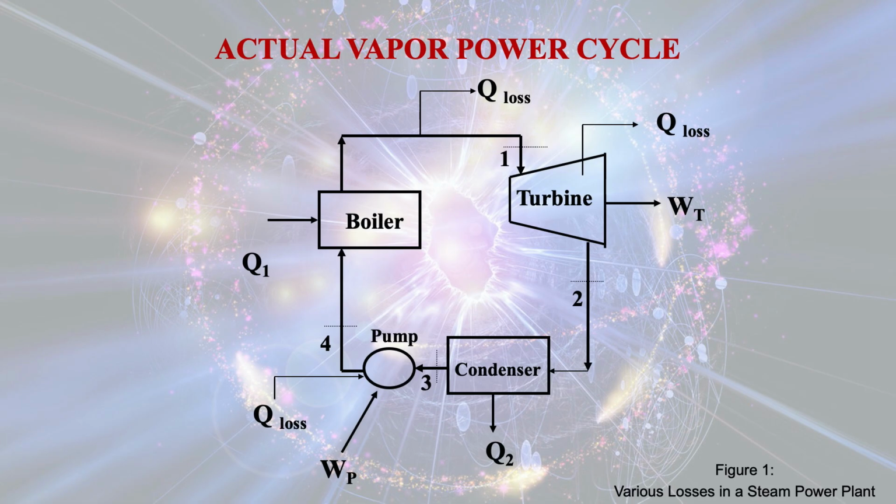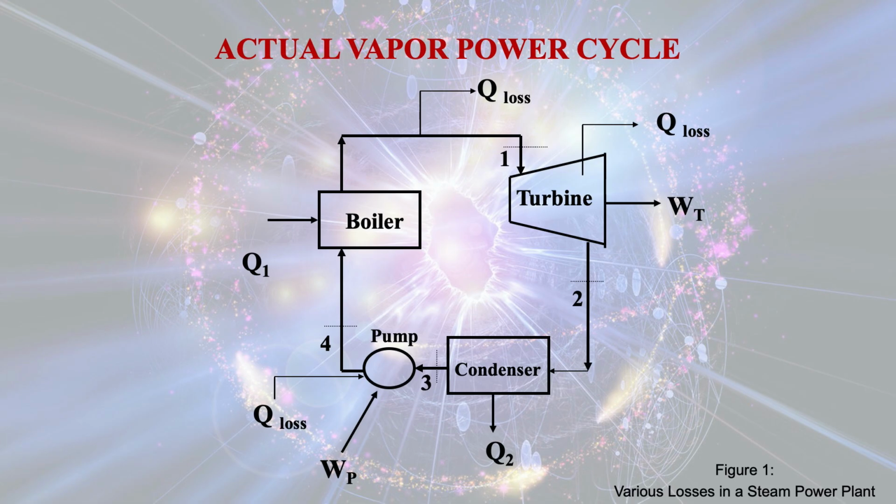After that, the low pressure and low temperature steam coming out of the turbine enters the condenser. In the condenser, heat Q2 is given out to the outside, and the low pressure, low temperature steam is converted into water.